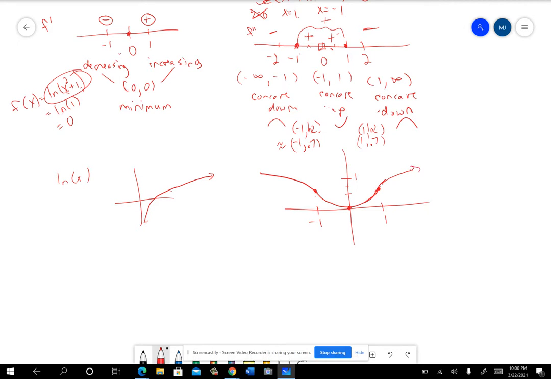So I don't think this is going to have an asymptote. No, because as the natural log of something gets bigger and bigger and bigger, it looks like this and keeps going. It doesn't approach an asymptote of any kind. So that's what you get, something that looked like that.